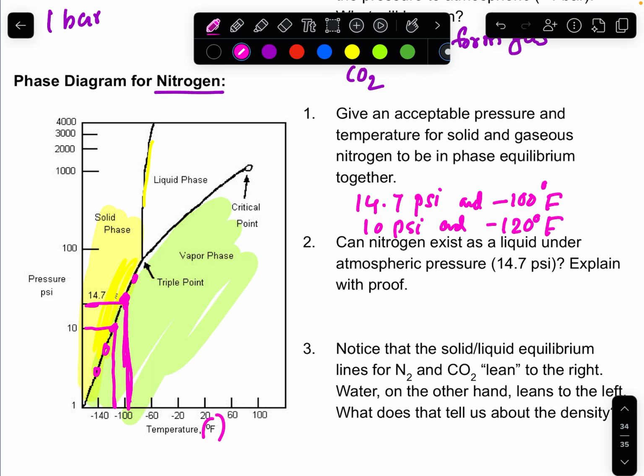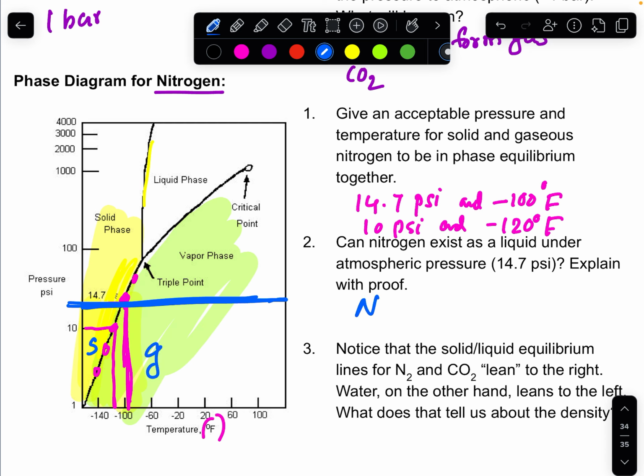Then, can nitrogen exist as a liquid under atmospheric pressure, 14.7 psi? Okay, let's see. Nitrogen under this, so that is this region, right? It is asking about this region. Can it? No. So our answer will be no, because below this pressure of 14.7, the only possible states are solid or gas.